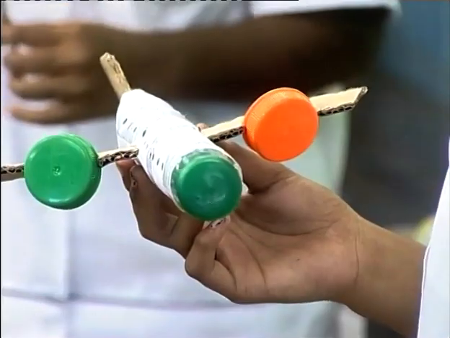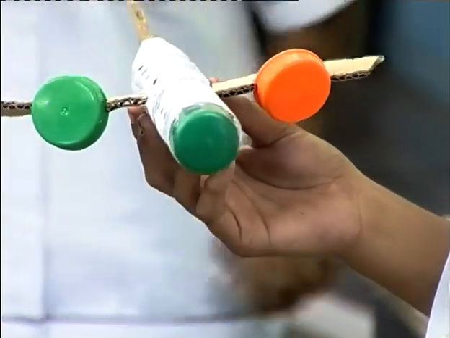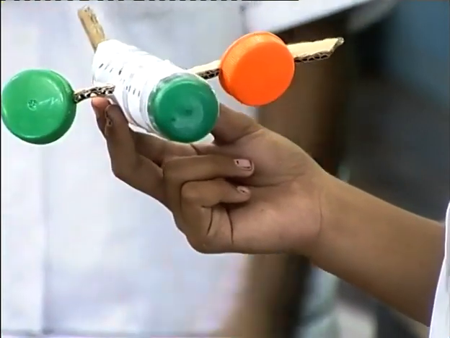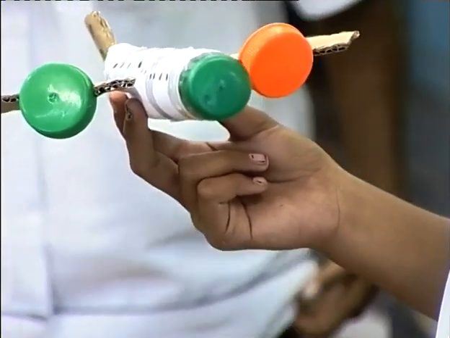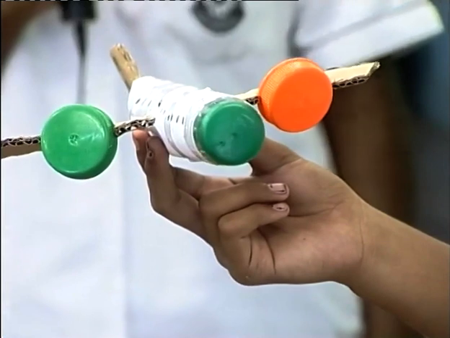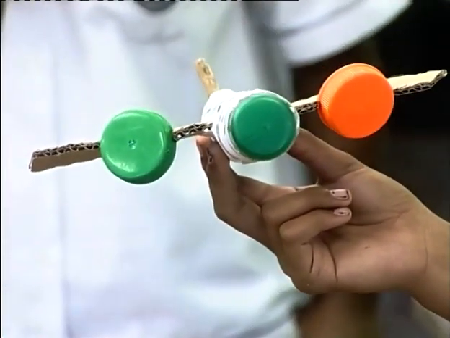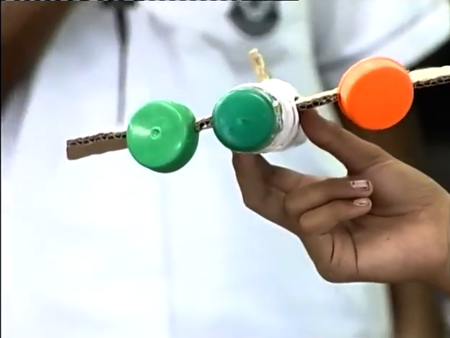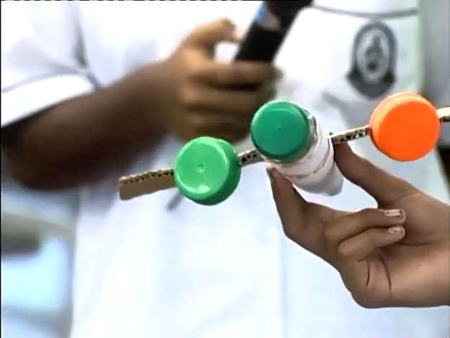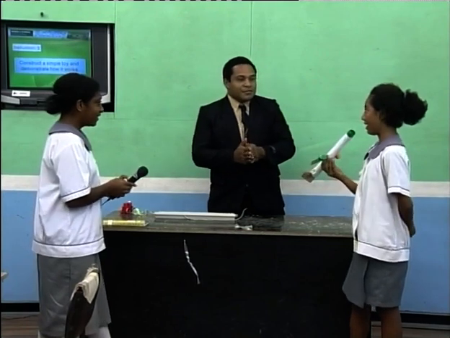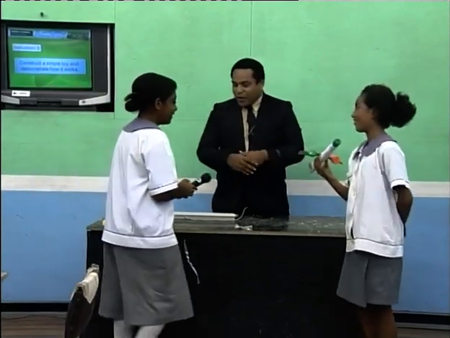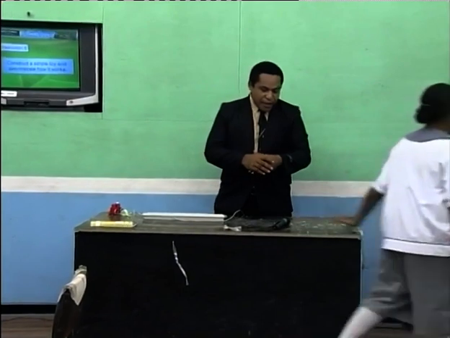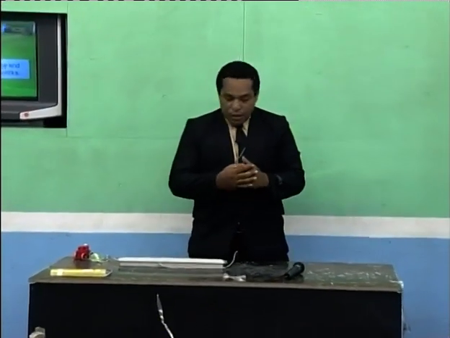This is a simple model of an aeroplane. We used cardboard, A4 papers, and container lids to construct the model. And how it works, just fly it in the air. Okay. Thank you. Thank you, Ashanti and Laka, for your demonstration and answers. Thank you very much.